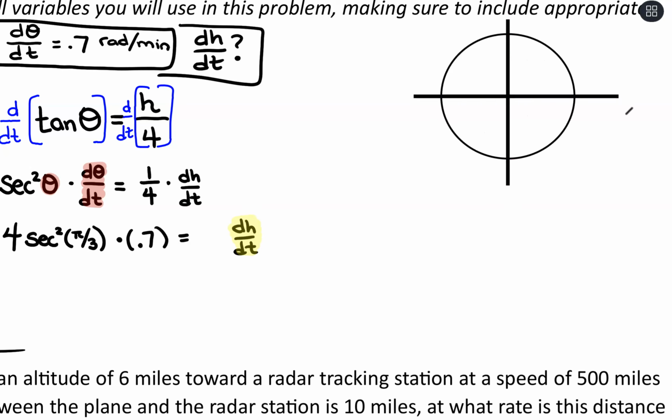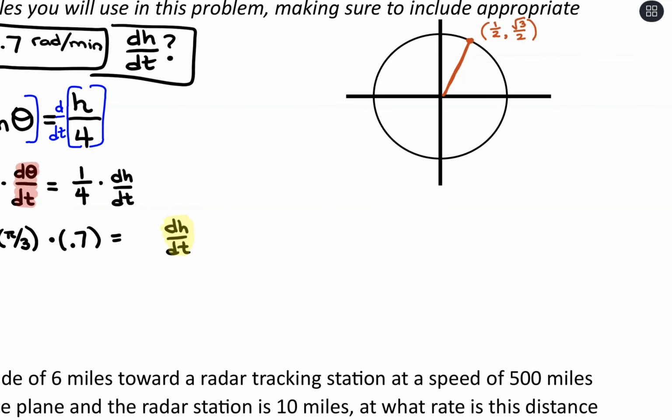So pi over 3 is up here, and it goes with the coordinate. Let's see, small coordinate for x, so that's our 1/2. Large coordinate would be the root 3 over 2. And with secant squared, secant squared of pi over 3 is the same as 1 over cosine squared of pi over 3, which is 1 over 1/2 squared, which will be 1 over 1/4, which is 4.